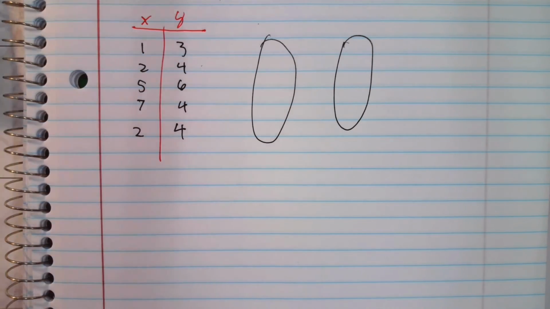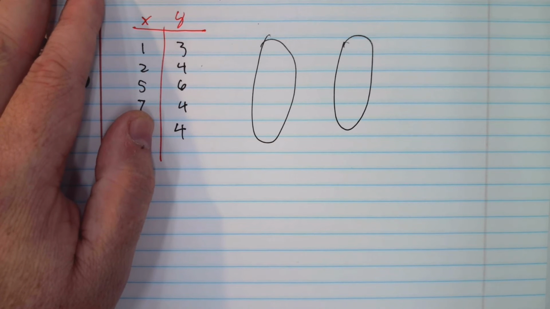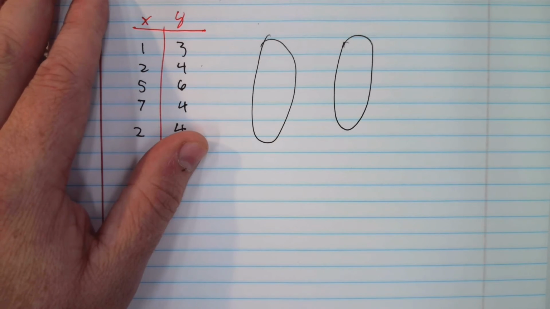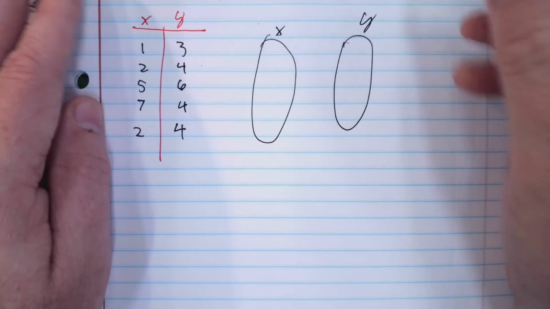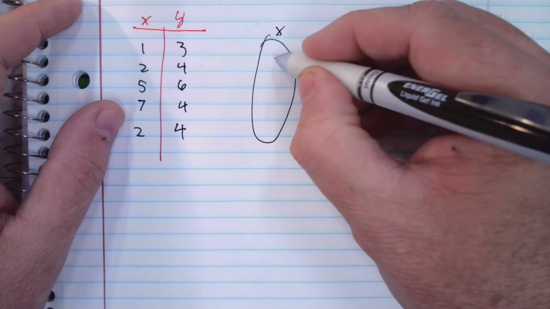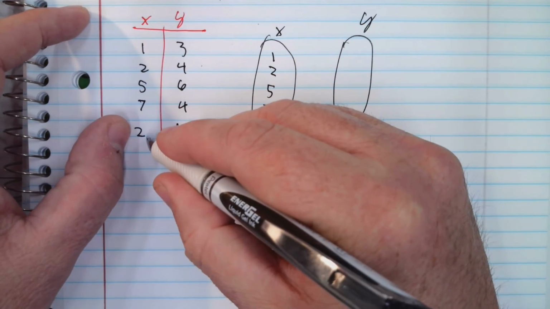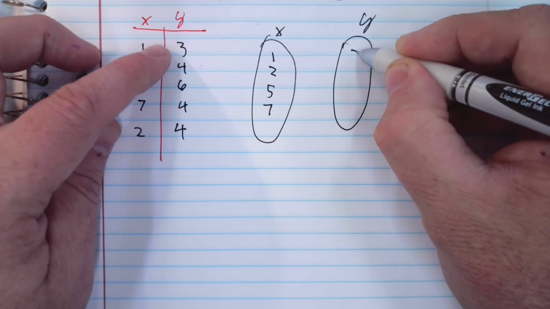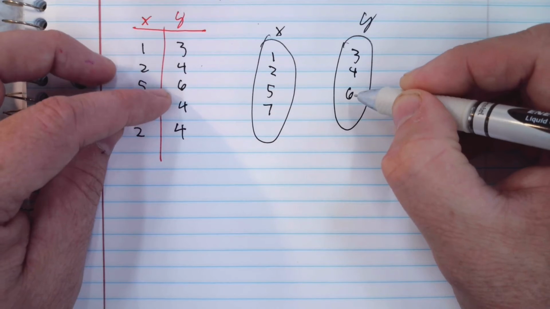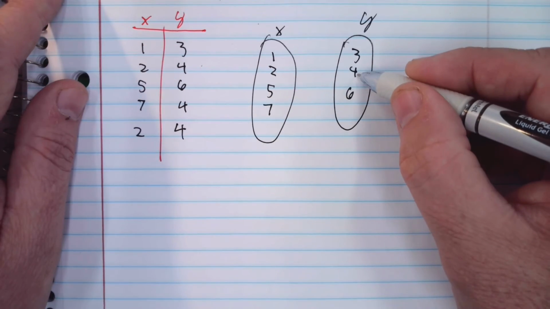I drew the ovals with the computer. I just lost it for a second. Okay, looks like I can do 1, 2, 5, 7. Do I put 2 in again? So this one looks like I go 3, 4, 6, 4, 4. I got 3 4s, but I only need to put it once, right?